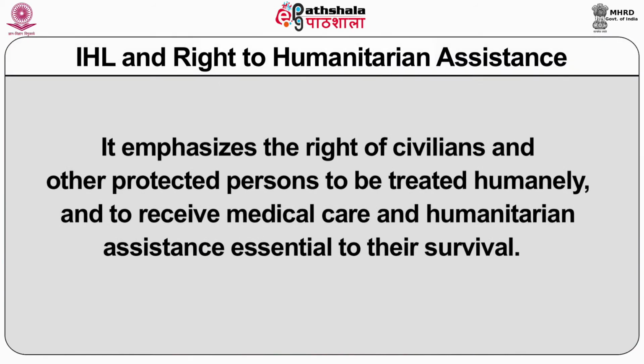IHL applicable to international armed conflicts contains relatively detailed treaty provisions on the facilitation of humanitarian relief. It is based on a balance of the principle of humanity and military necessity. It emphasizes the right of civilians and other protected persons to be treated humanely and to receive medical care and humanitarian assistance essential to their survival.